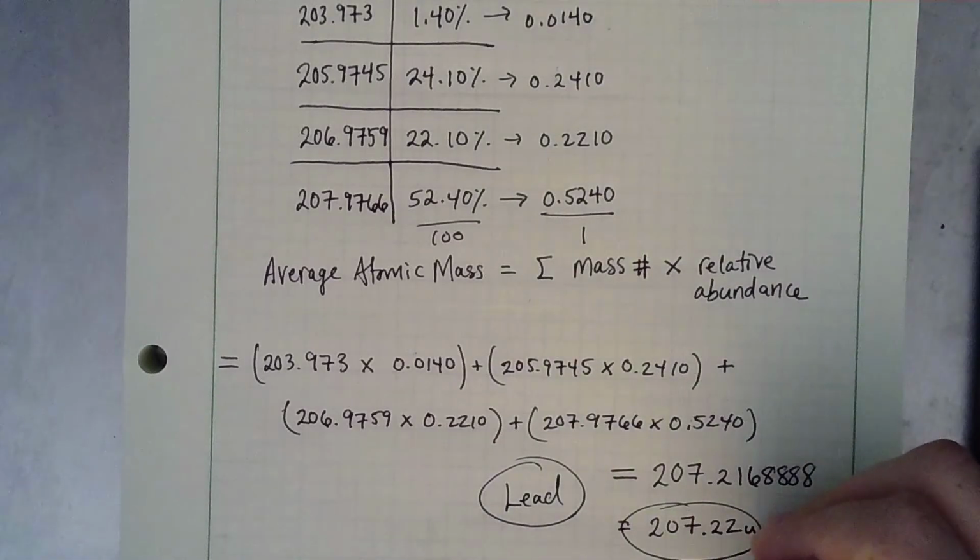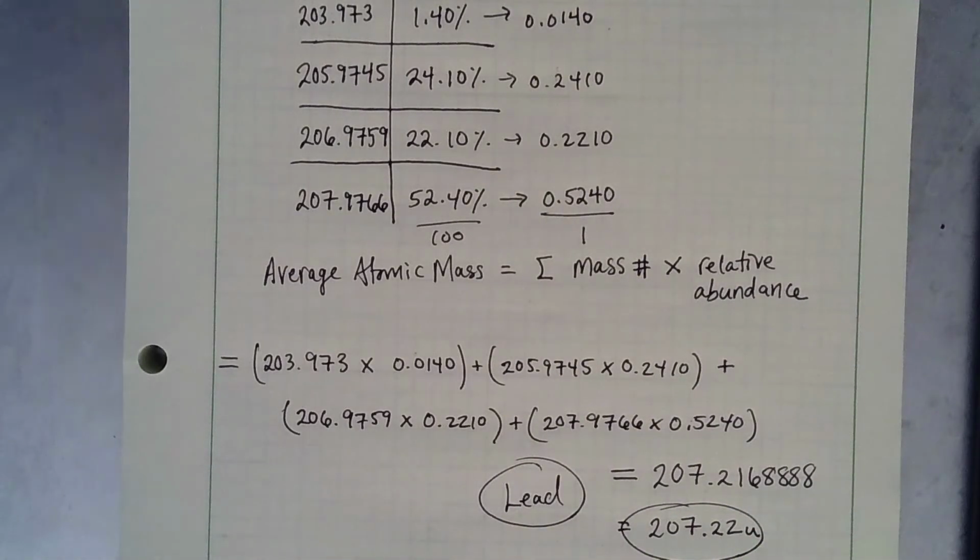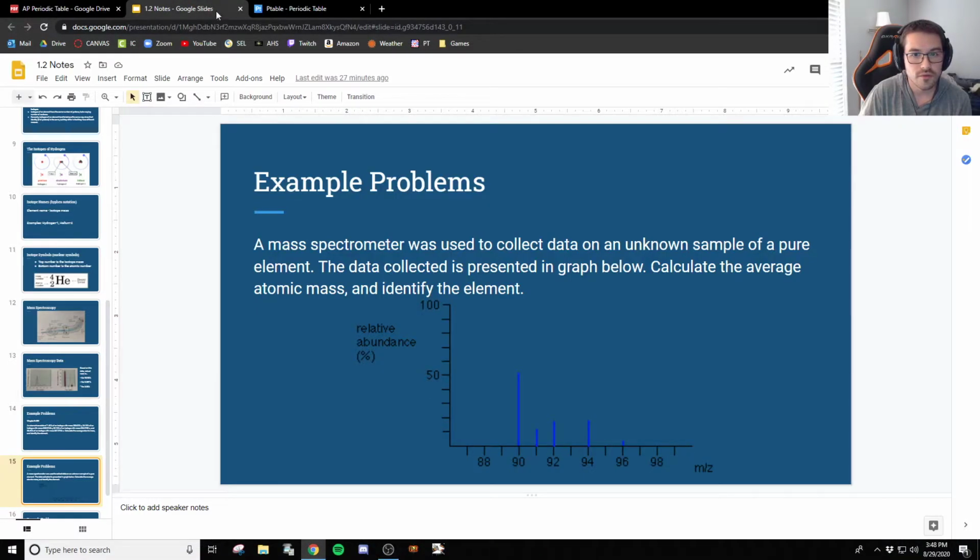And I can put the unit there, u, as the atomic mass unit for that number. Okay, so that's kind of a long process. Good news is I'm not going to go through all of the steps for these next two problems. I'm going to assume that you guys can figure a lot of this out on your own. So let me pull back the slides and show you the next problem.